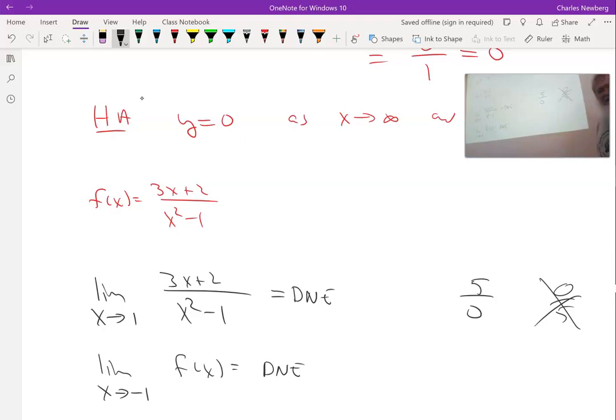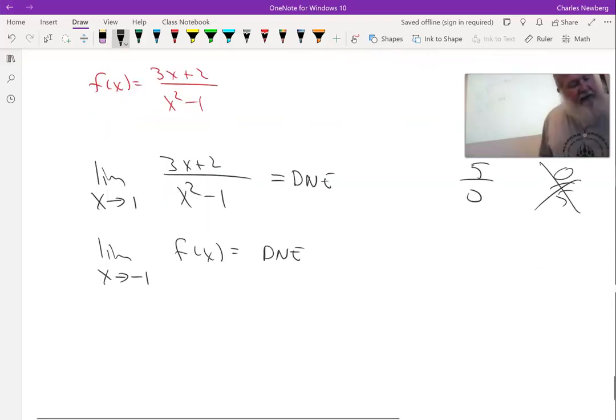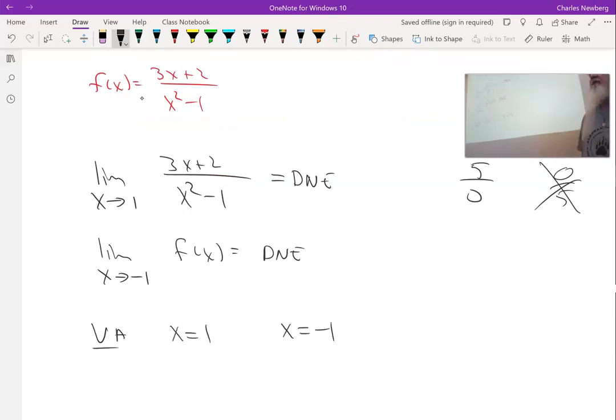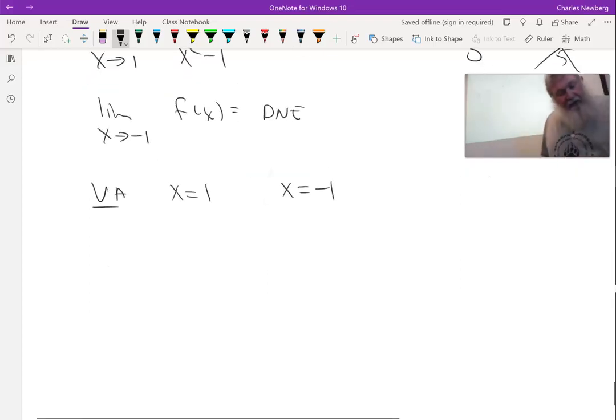All right, so what does that say? That says we have vertical asymptotes at x equals 1 and x equals -1. All right, so we know a lot about this function.